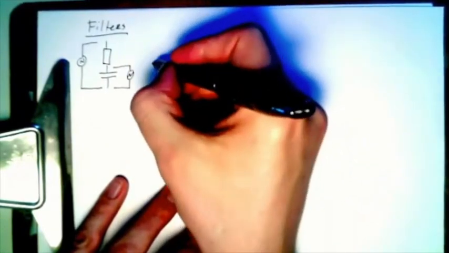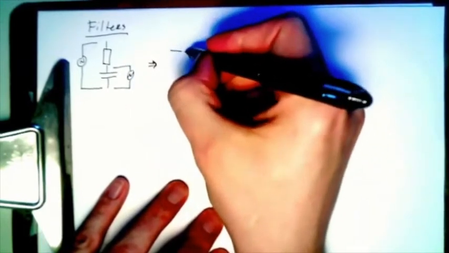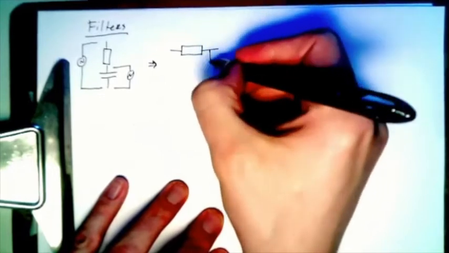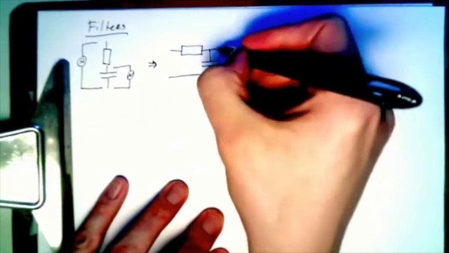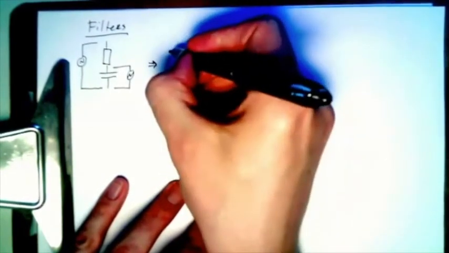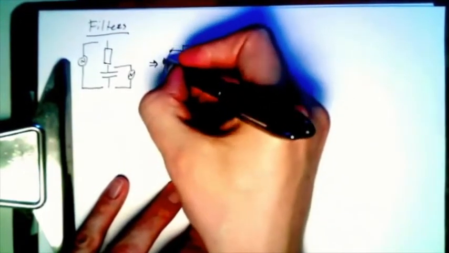So I'm going to draw this in the following manner. I'll put the resistor here, and I'll put the capacitor here, and I'll say that the input is here.